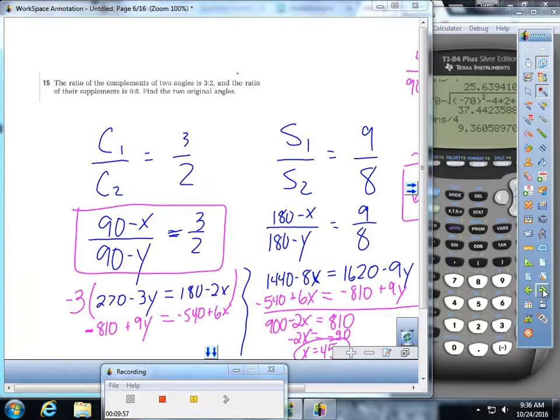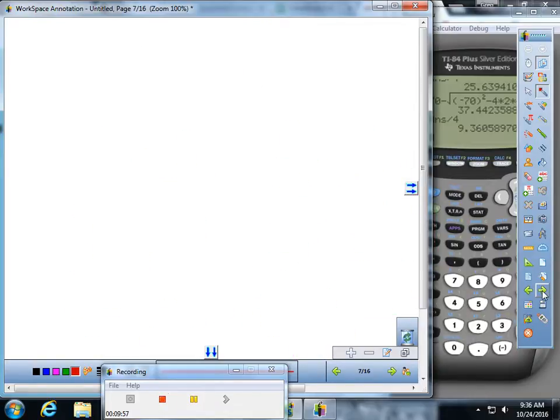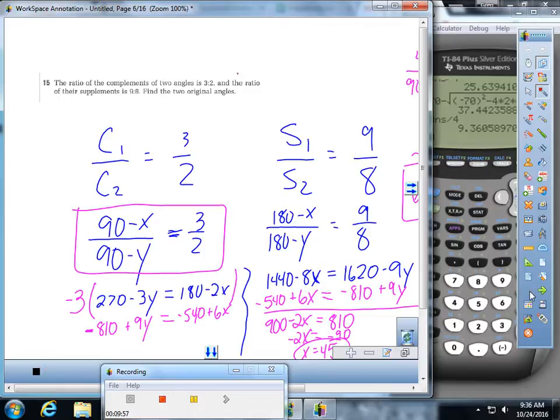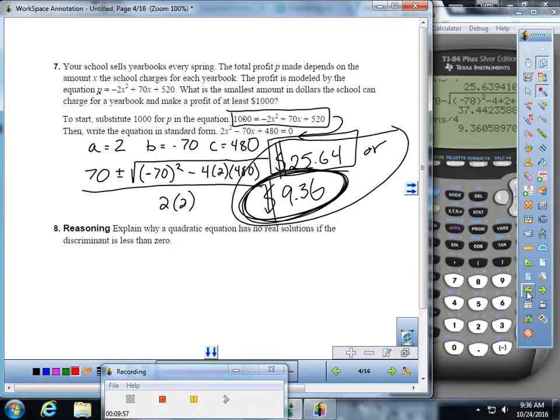So, explain why a quadratic equation has no real solutions if the discriminant is less than 0. It's because we cannot take the square root of a negative number.